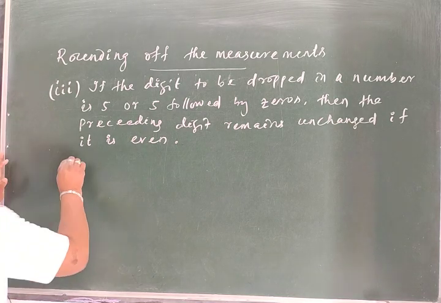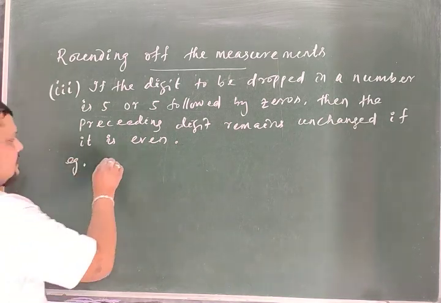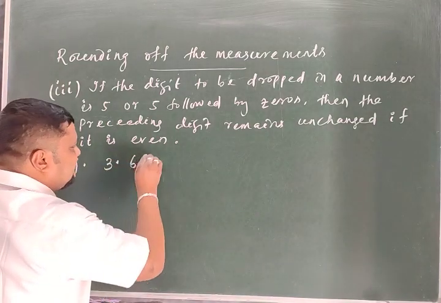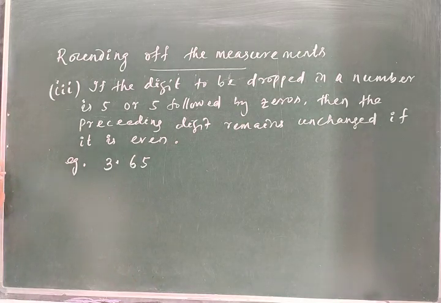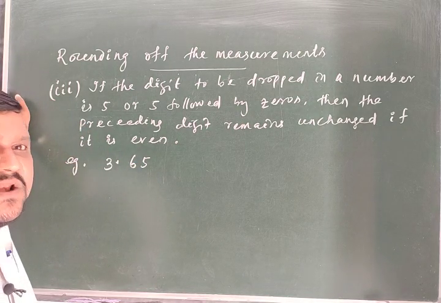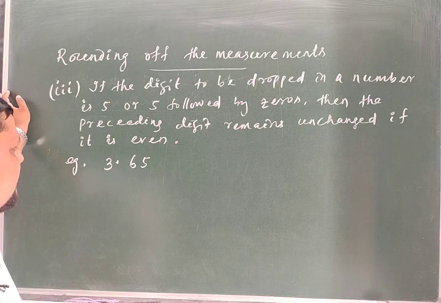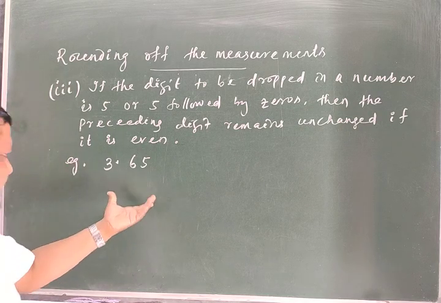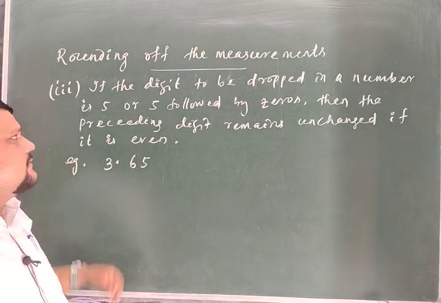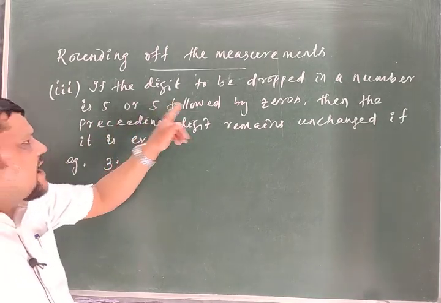Let's take an example like 3.65. Generally we round decimals this way, dropping a 5 or 5 followed by 0.